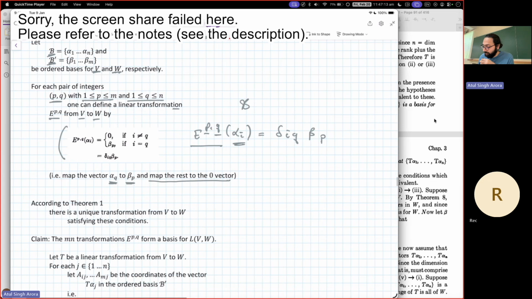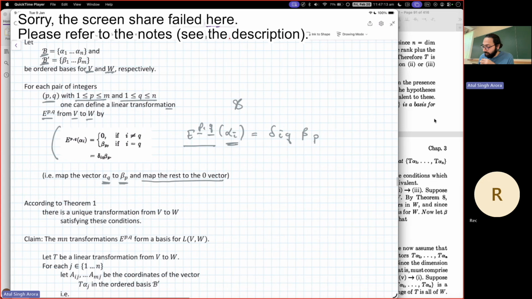Any questions? So this is the claim that we're trying to show: that this object E^{PQ} forms a basis for the set of all linear transformations from V to W.